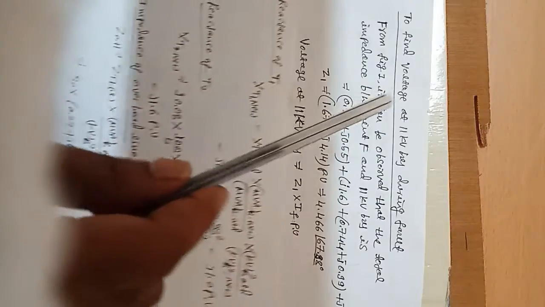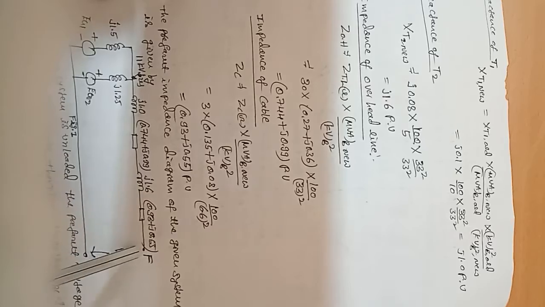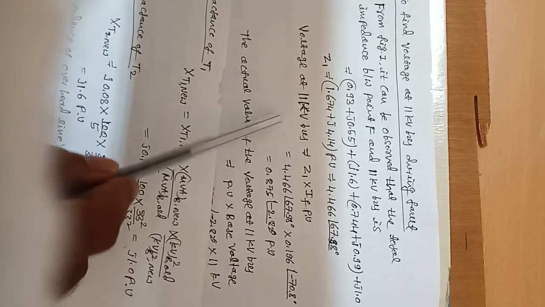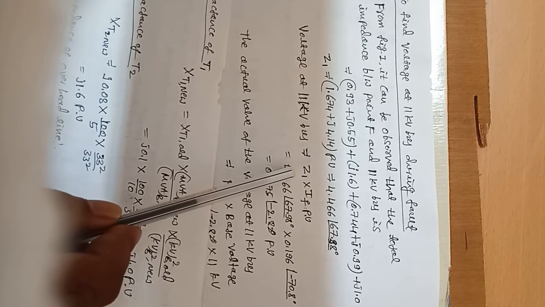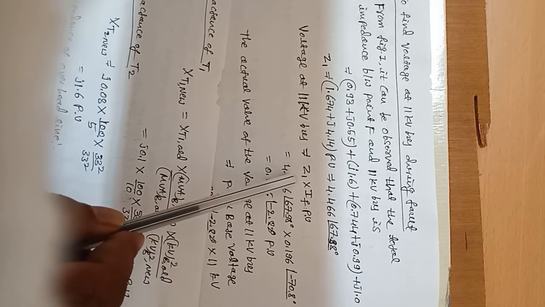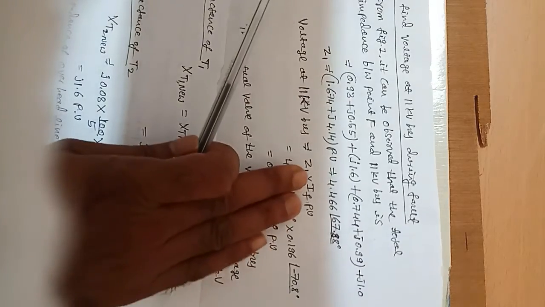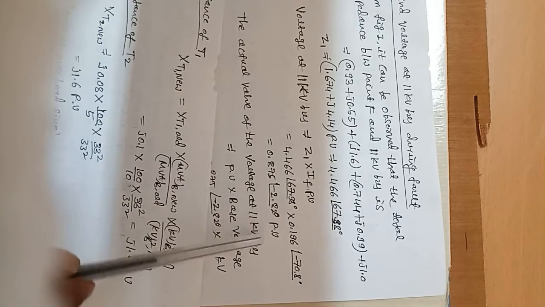So that's what I have written: 0.93 plus j, this one 0.55 plus j0.16, this one plus 0.744 plus 0.99, this one plus j1 plus j1. You got this one, take it as Z1. Voltage at the 11 kV bus equals Z1 into fault current. Z1 is this one, and the fault current in per unit is already calculated, so you get this per unit value.